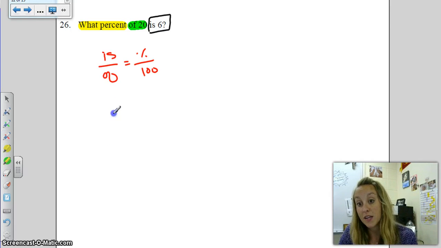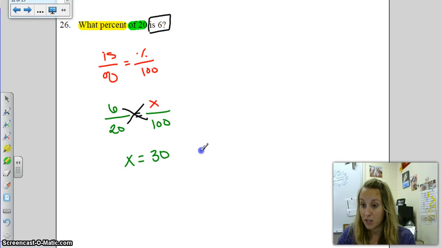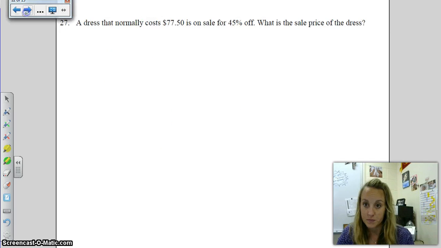My is 6 over my of, which is 20, equals what percent, so that's what I'm looking for, and then it's always over 100. We do the same thing here, cross multiply and divide. So when I solve that out, I have X is 30. Remember, 30 is not your answer. Your answer is 30%. Don't forget that percent sign.